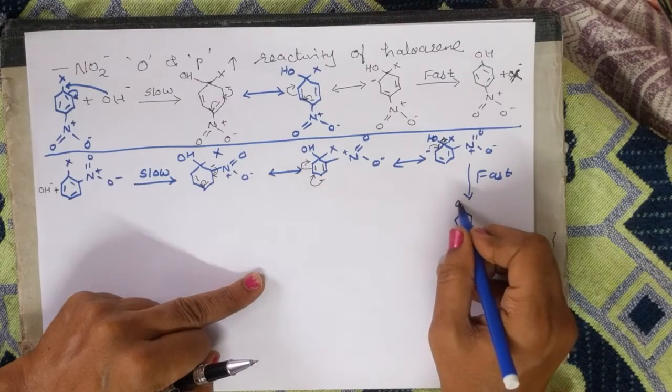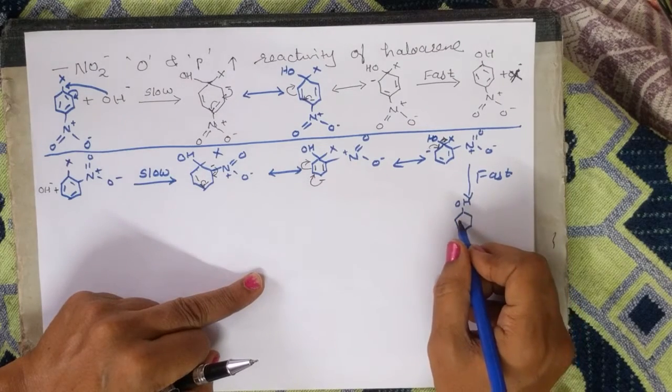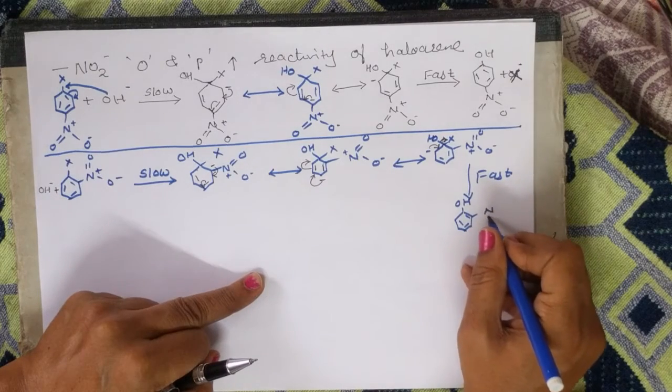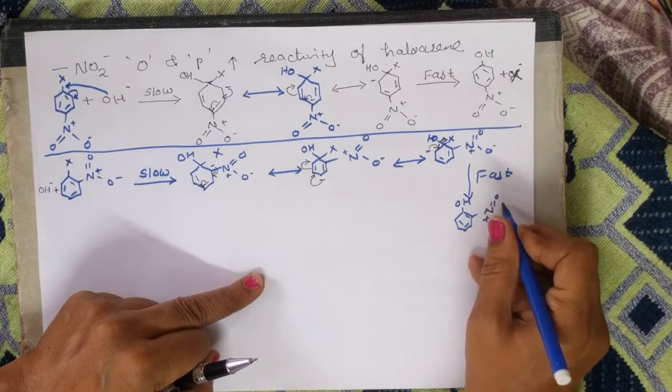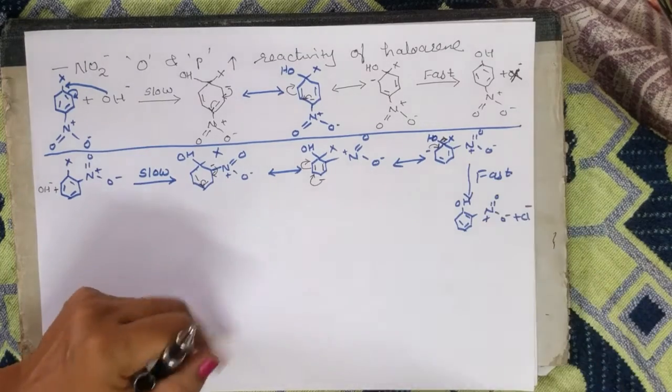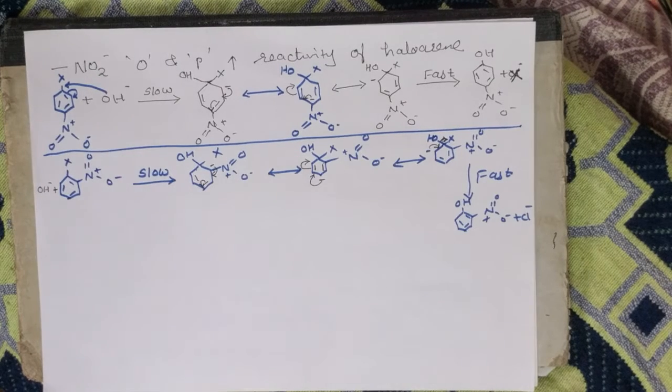So here you have the OH and N plus double bond O, O minus, plus Cl minus is your leaving group.